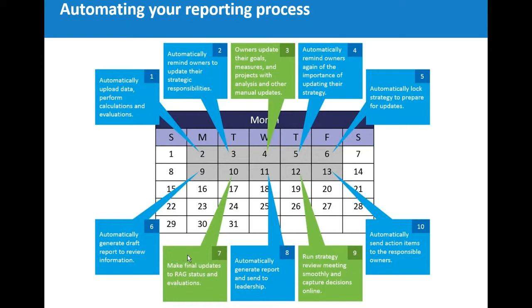And after making any final updates, schedule a briefing book to send out to the leadership team automatically. You still have to run your meetings in person, but afterwards, you can schedule a report of all action items you captured during the meeting to be sent out to attendees. Your reporting process basically runs itself.